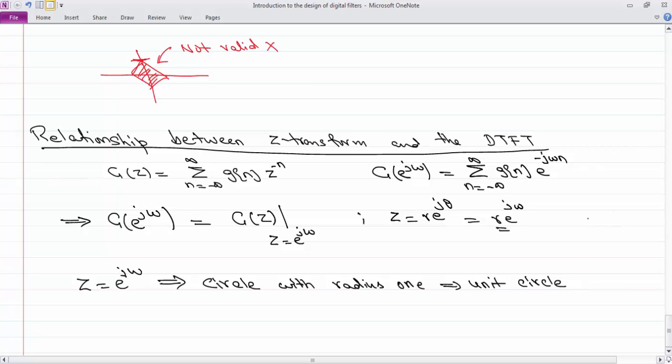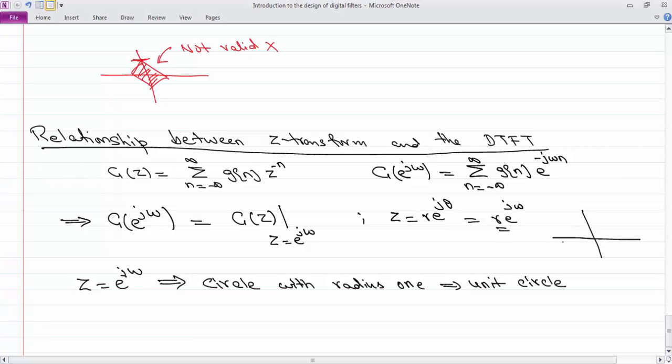So in the Z plane, the Z transform has a variable which is a two-dimensional variable. If you have to visualize it, it's basically a surface over a two-dimensional plane, where the variables are given in this 2D plane and the values are coming out of this page.